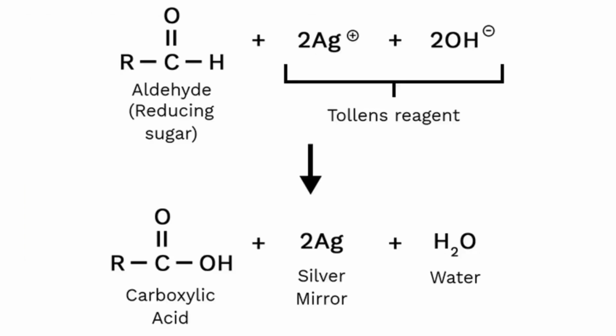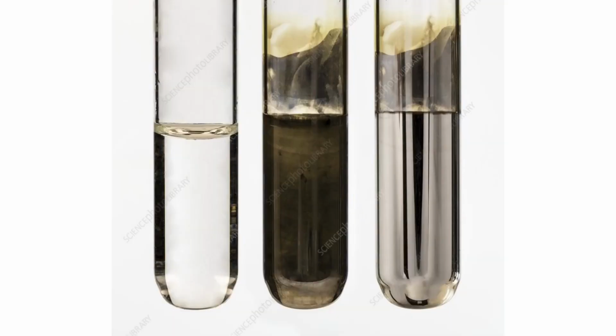Tollens reagent is a solution of alkaline silver nitrate, AgNO3, combined with an aqueous ammonia solution, NH4OH. Pure silver that was created forms a silver mirror on the surface of our container, and the aldehyde gets oxidized to a carboxylic acid.